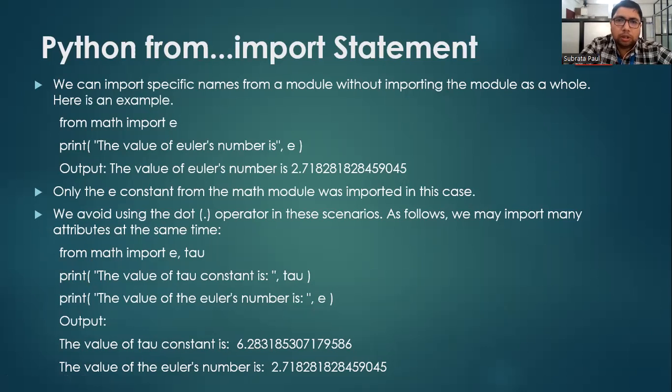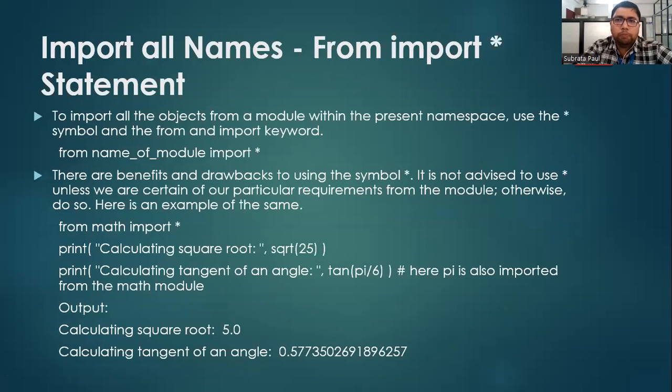Next, you see the from import star statement. What is the use of this statement? If we want to import all the objects in a module into the present namespace, we use the star symbol.